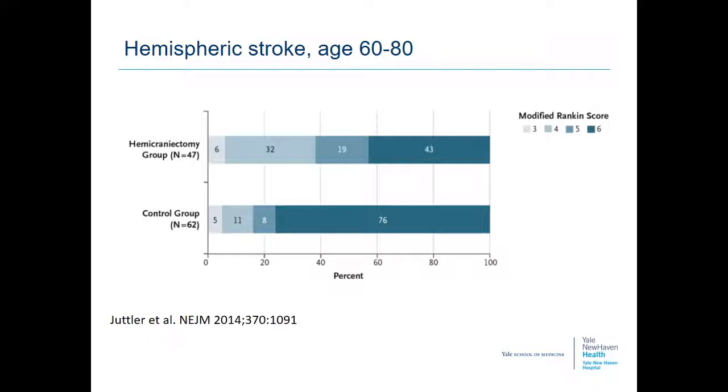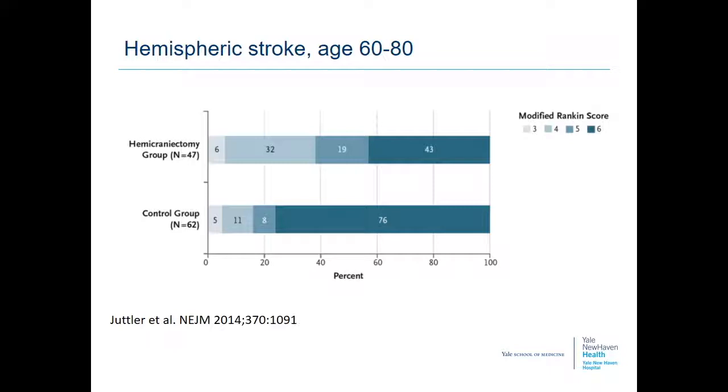The similar data for hemispheric stroke patients who are age 60 or above is a little bit more challenging, in the sense that the outcomes are simply poor. You can see here again a similar graph of those who received craniectomy versus the control group for the DESTINY 2 trial that was published a few years ago.